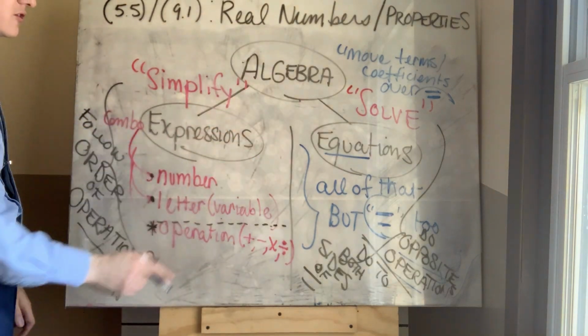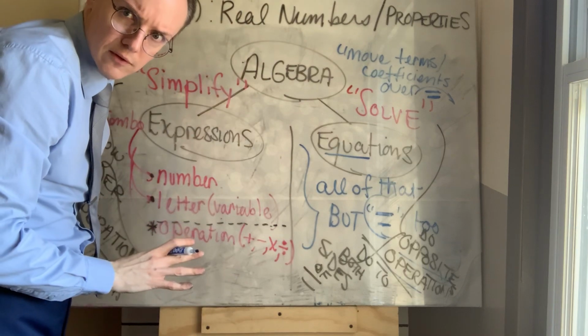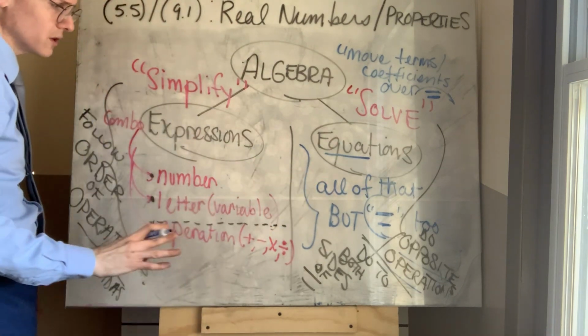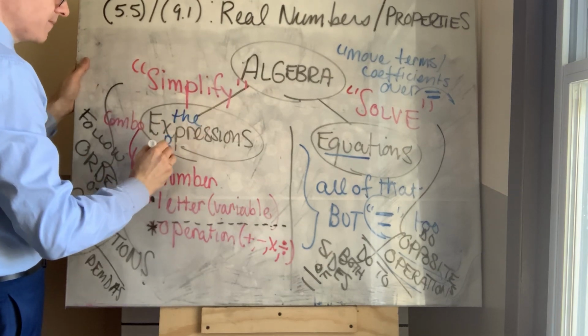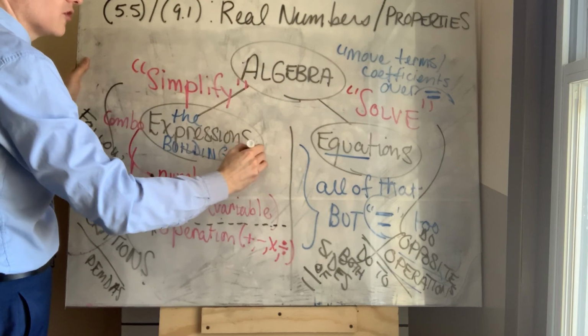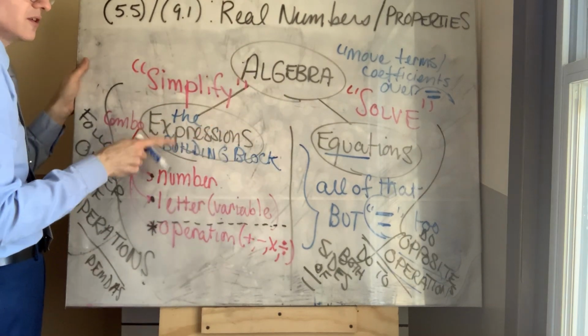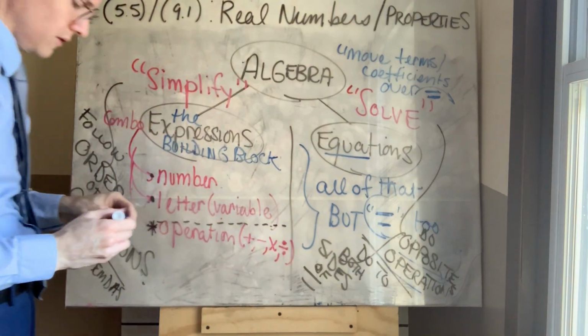Out of these two things, because equations are a more complicated animal, if you will, organism, think of expressions as being the building block. It is from these that equations are made. Here's how I mean.